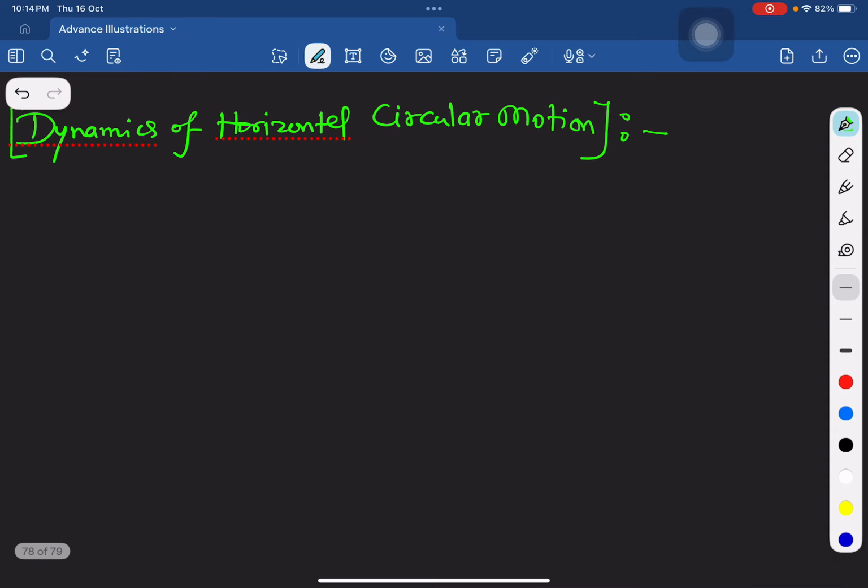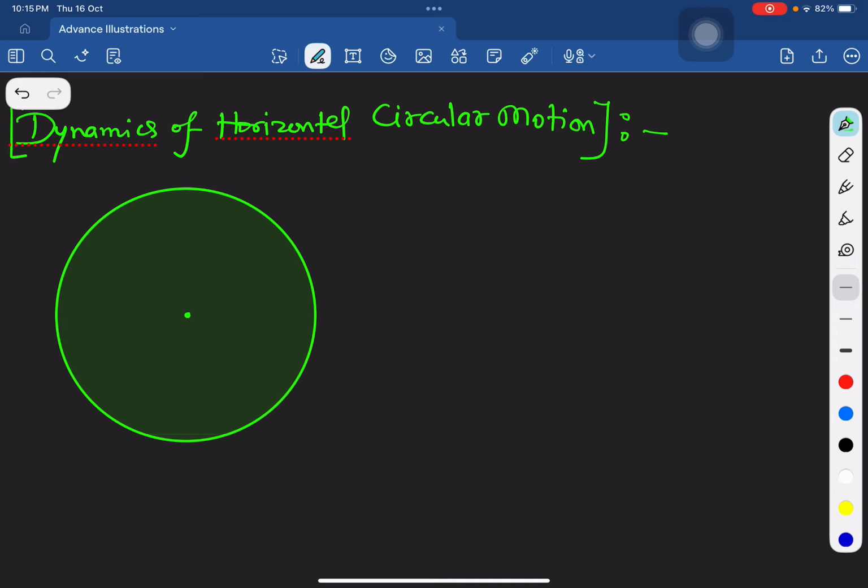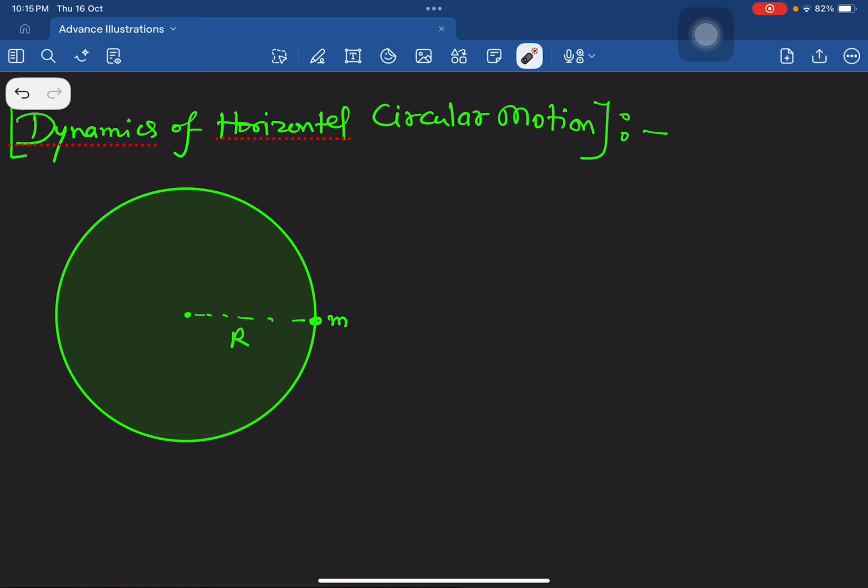When we were discussing horizontal circular motion, I am showing you a top view of a particle doing circular motion on this circular path. Let's say the radius is r. If this particle is performing circular motion, it should have a centripetal acceleration towards the center.